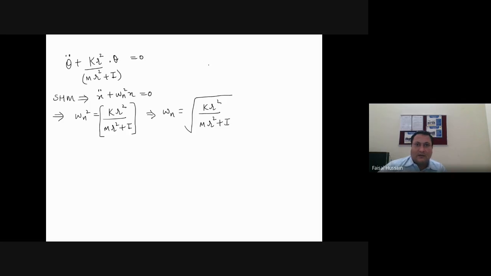Here note that the mass moment of inertia is half m r square for the pulley. So r square gets cancelled.